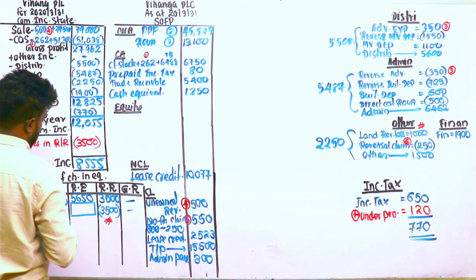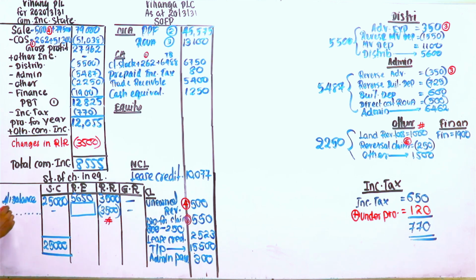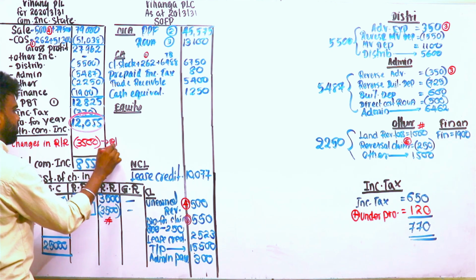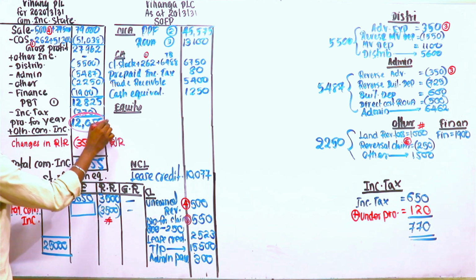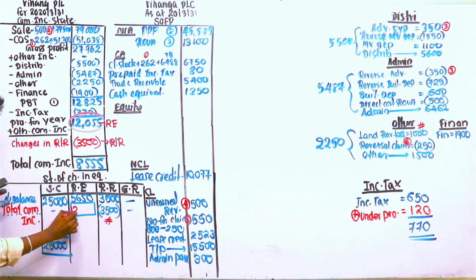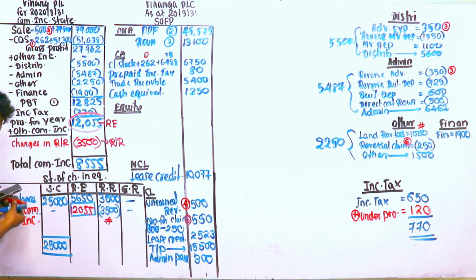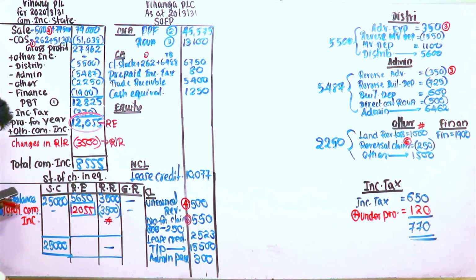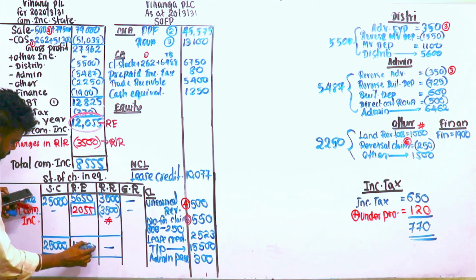So here, total comprehensive income. Record the total comprehensive income; this is recorded in the general reserves and revaluation reserves. So what goes here is retained earnings, 12,055. Get the totals. Here 0, 17,705.